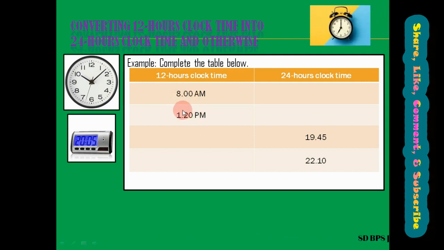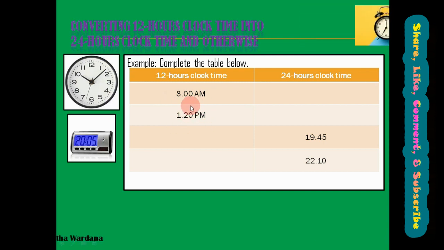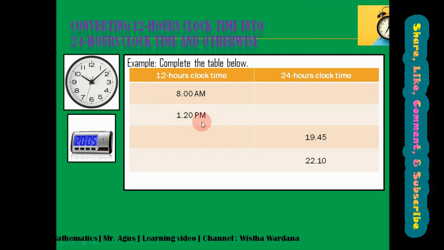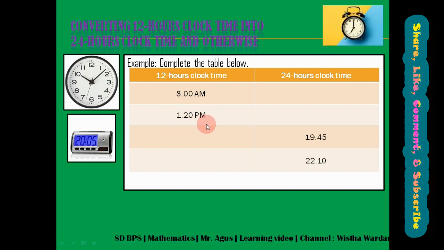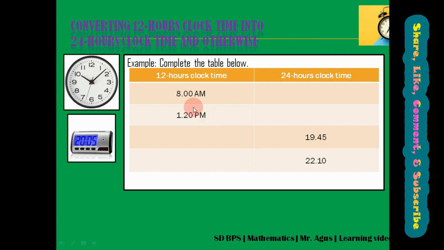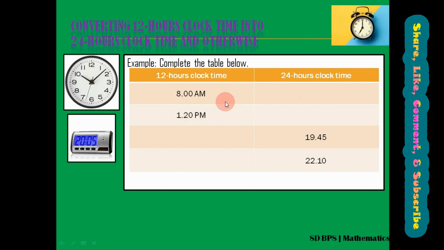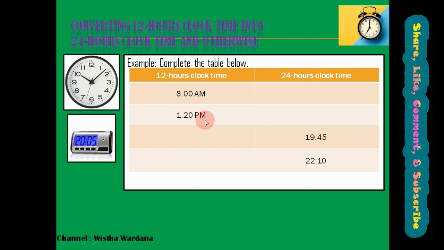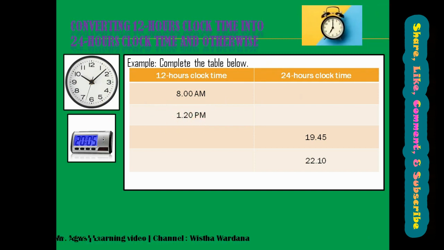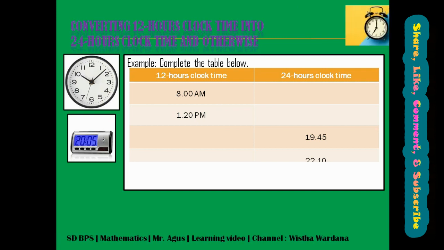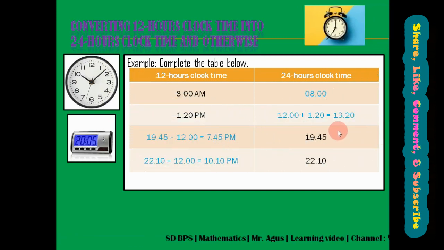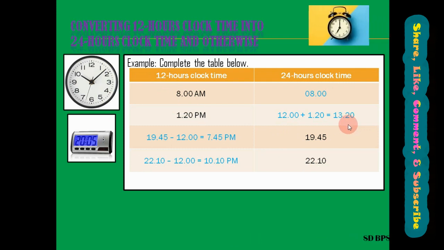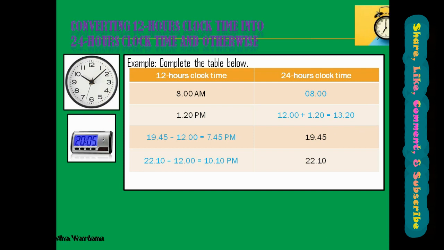How about number 2? Number 2, we know this is the afternoon, 20 minutes past 1 in the afternoon. So, if you want to change it into 24-hour clock time, you have to add 12 to the time. So, the answer will be 13:20, or you can say 20 minutes past 1 in the afternoon.